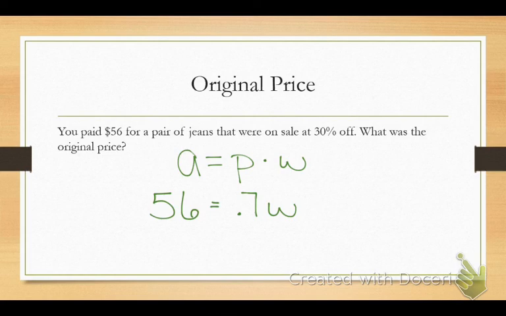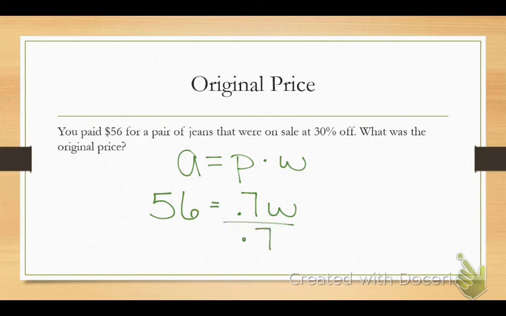Does that make more sense when you think about it that way? Okay, the amount you paid was not 30% of the original price. It was 70% because it was 30% off. That's why I subtracted from 100. Okay, so what is 70% of the whole?